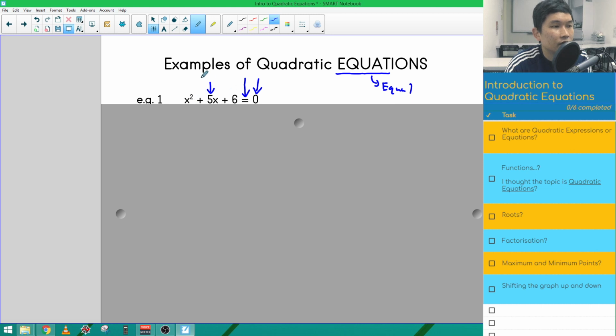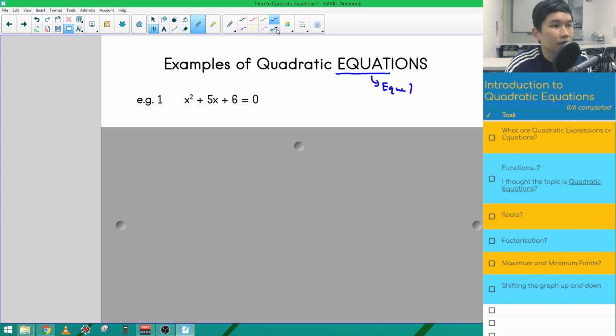If you look at just the left-hand side, that is a quadratic expression. But if you put an equal sign and a value on the right-hand side of it, it becomes a quadratic equation. Okay? And over here, I can say that yes, this is a quadratic equation. How do I check? Well, it's quadratic because the highest power of x is 2. And it's an equation because there's an equal sign, there's a value on the right-hand side. So yes, this is a quadratic equation.